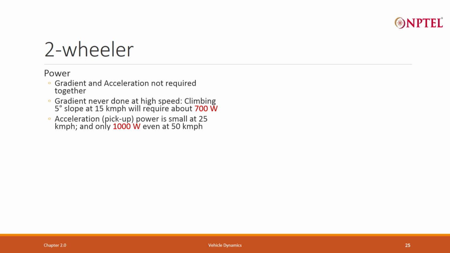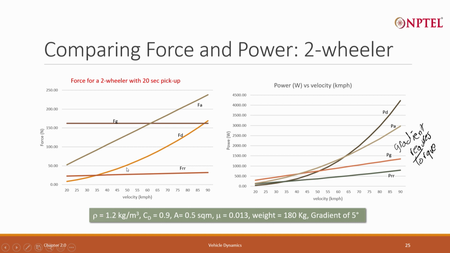Of course, to this I have to add the rolling resistance and the drag, but up to around 50 kilometer per hour, even they are not too bad. So, they are all around. So, the power is approximately about 500 watt. So, if I have little more than 25 kilometer per hour, I can do it very easily.